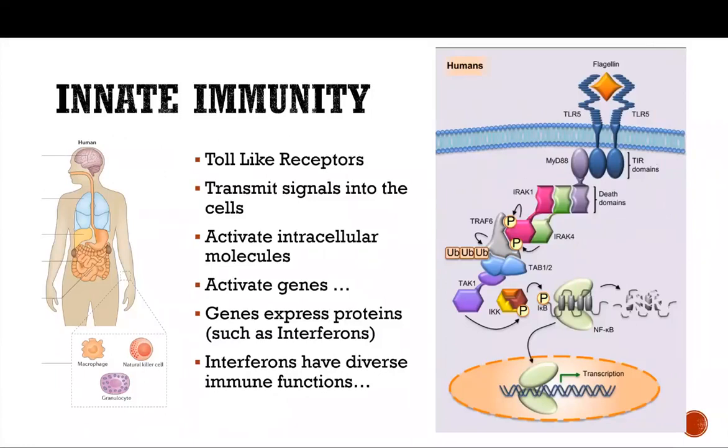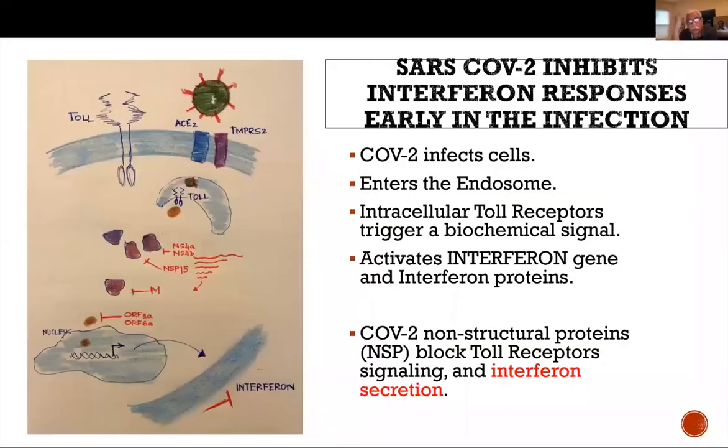They activate genes such as interferons, right? And these interferons secreted by the immune system will expand, and they will have multiple functions. So induction of interferon is a very important phenomenon in induction of an immune response to any virus, and especially this virus.